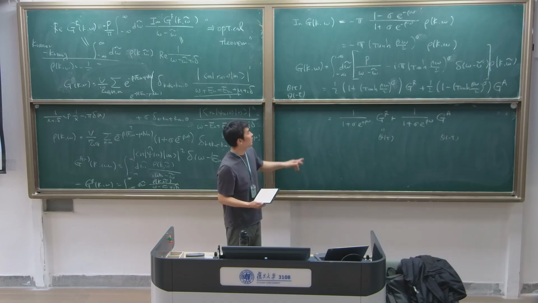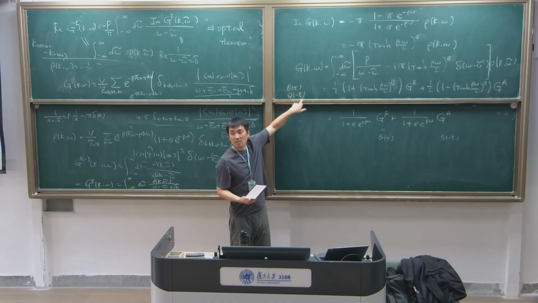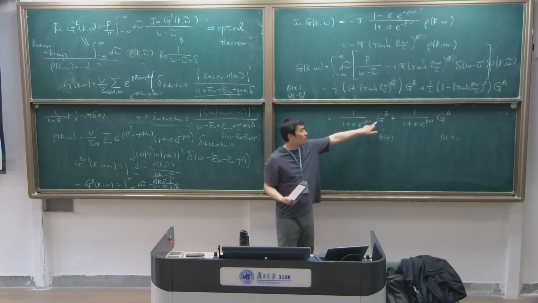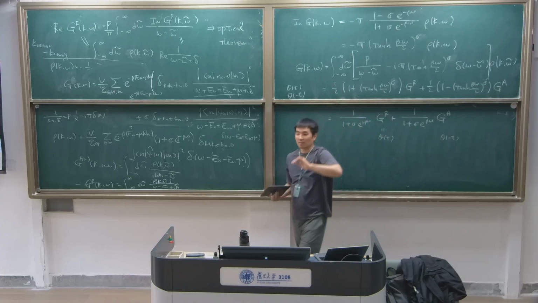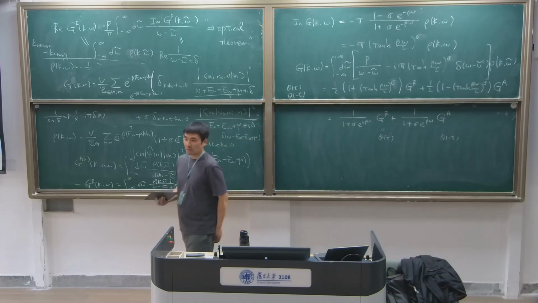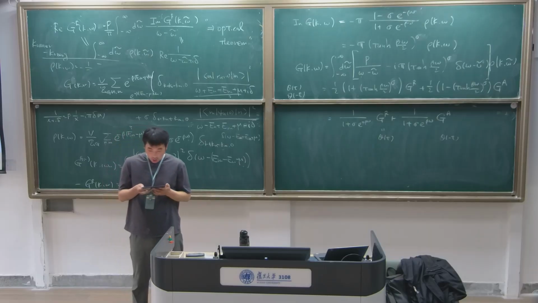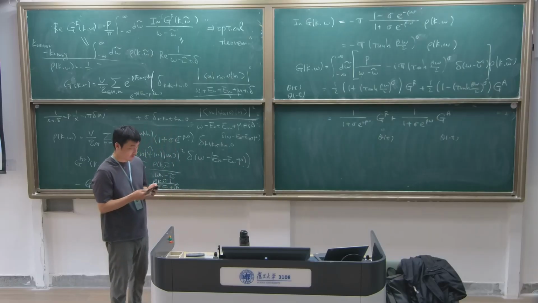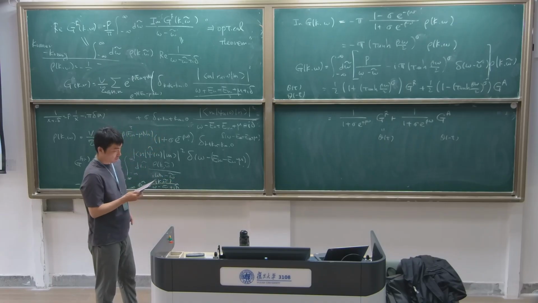But that's expected, because G contains both theta of t and theta of minus t. Like here you have G R with theta of t. So if you combine them, you can write it down.